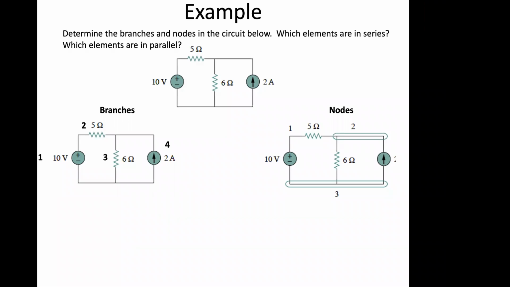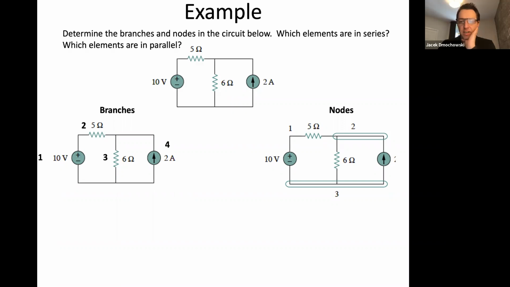The battery and the 5 ohm resistor are in parallel with the 6 ohm resistor, which is in parallel with the 2 amps. Yeah, that's very good. So what you said is what was said here. I'll just say it back because probably a lot of people missed it. So the 2 branches that are strictly in parallel are 3 and 4.